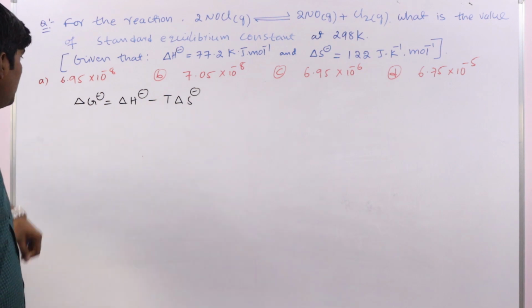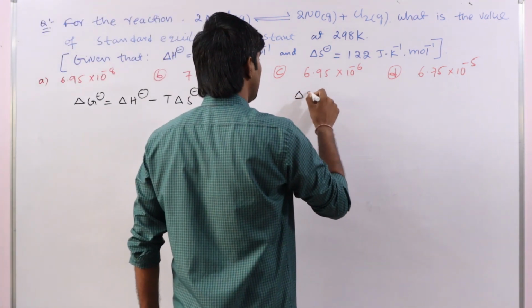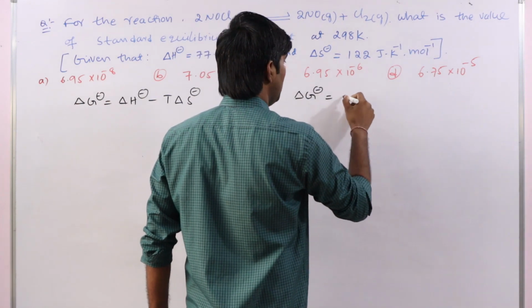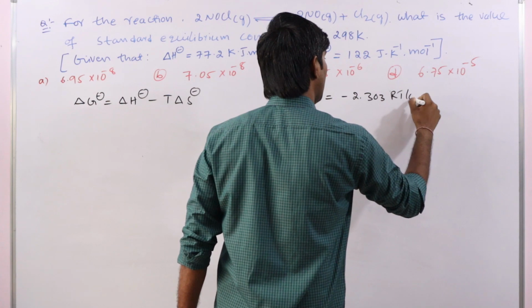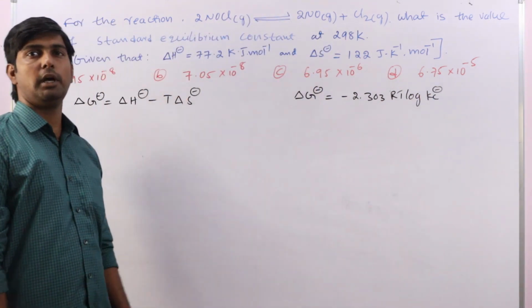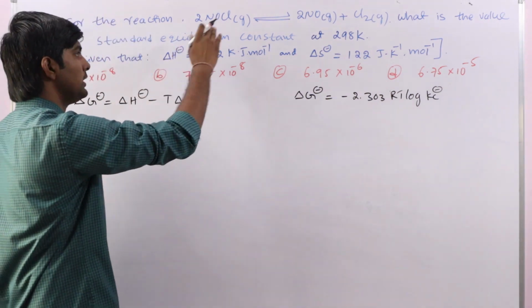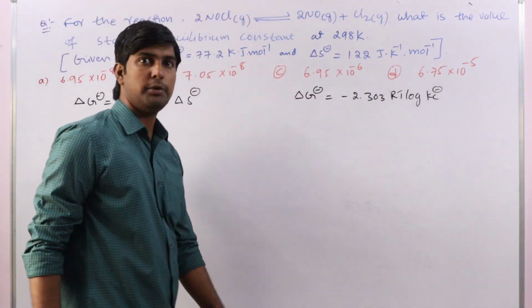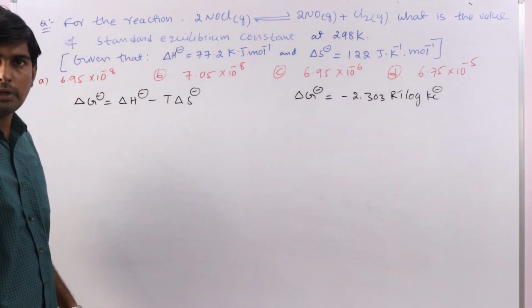Once you are able to calculate delta G, we discussed one relation, delta G equal to minus 2.303 RT log Kc. Here we are discussing the standard condition, so that's why we are using standard enthalpy change, standard entropy change, and also we are going to calculate standard equilibrium constant.